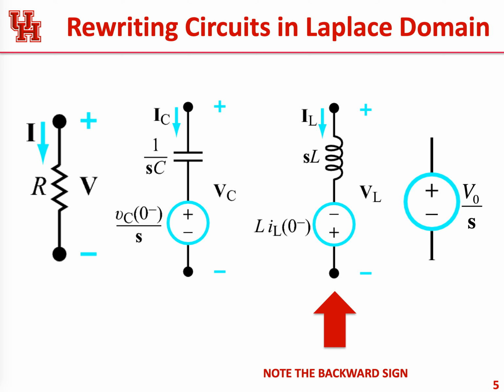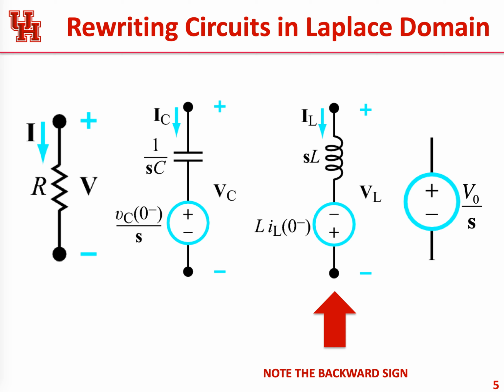On the other hand, for the inductor, as the frequency increases, the complex impedance will increase. The inductor will become like an open circuit at infinite frequency, whereas the capacitor will become like a short circuit at infinite frequency.